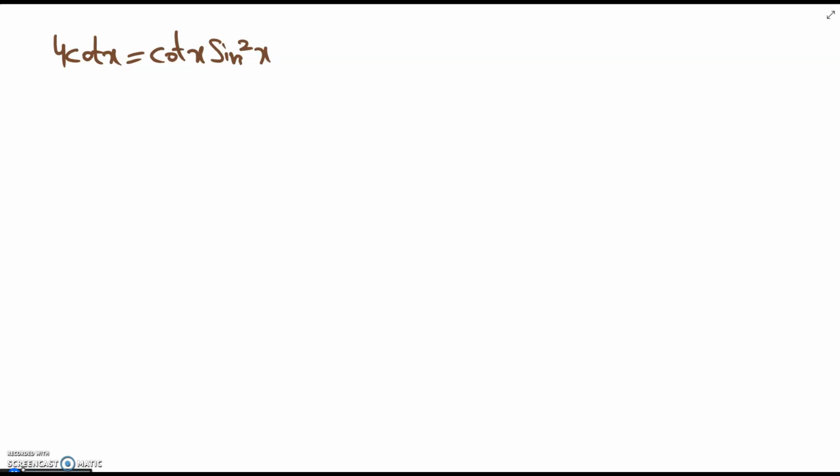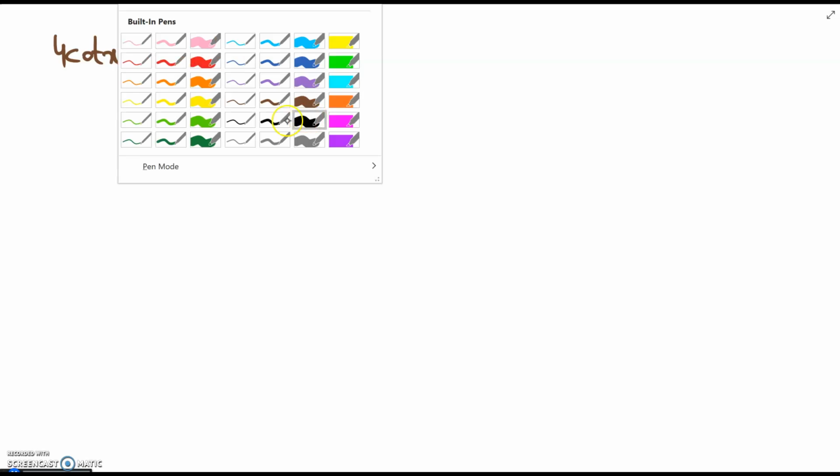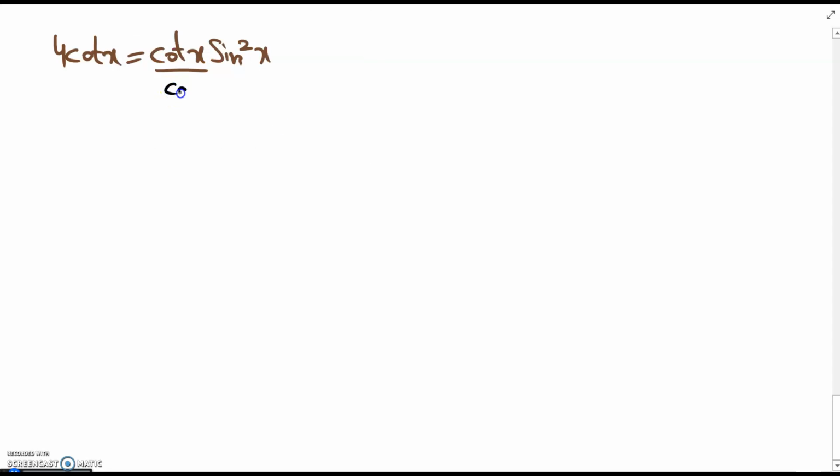Again, to simplify this question, what you do is combine the terms which are the same, like cot x and cot x. So I will divide by cot x on both sides, correct? So it's going to be divided by cot x here and divided by cot x on this side.